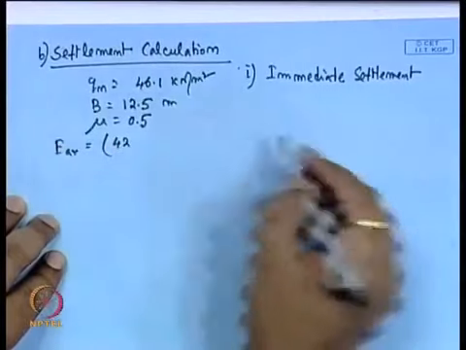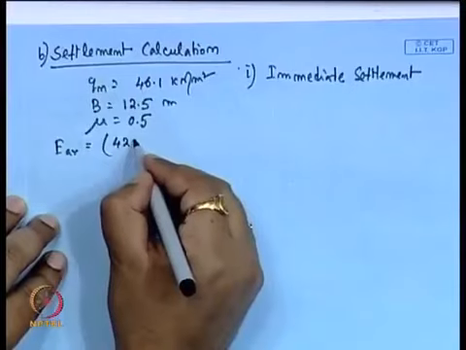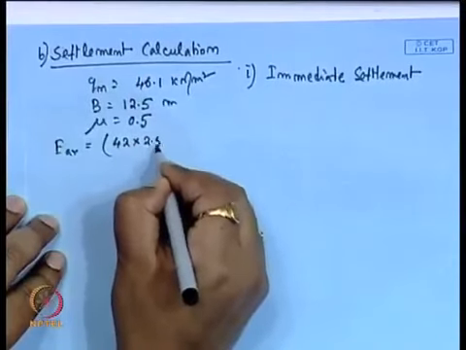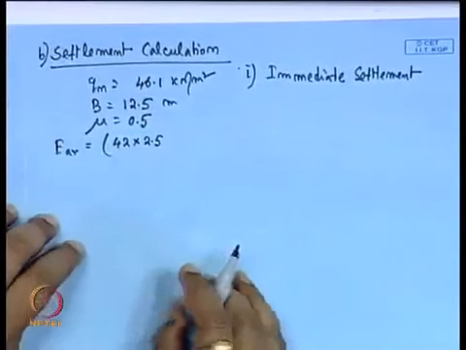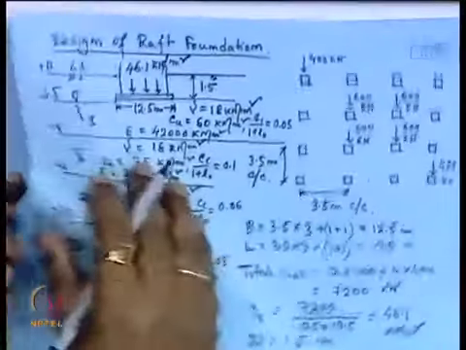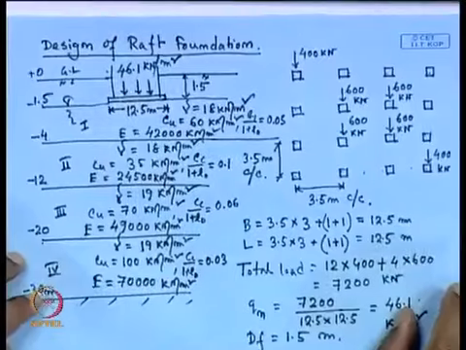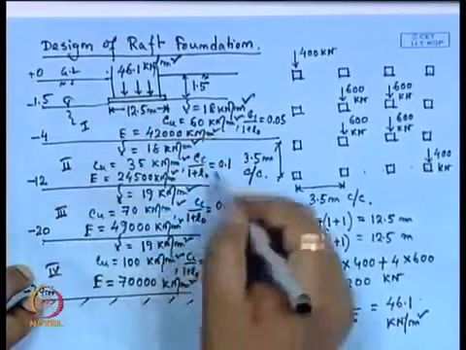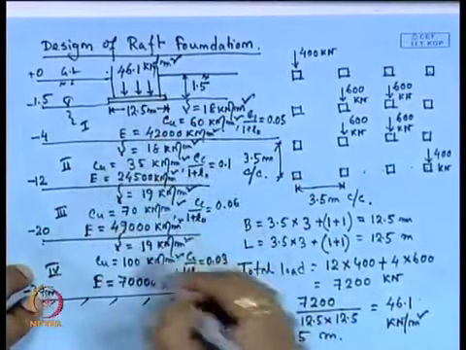Here it is 42,000, we are taking 10 to the power 3 outside, and the influence zone is 2.5, here the influence zone is up to 25 meter. So, we can see from this figure that for the settlement calculation this width is up to twice B or 25 meters.